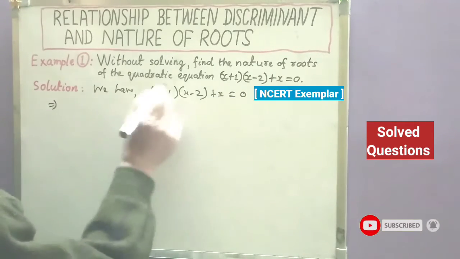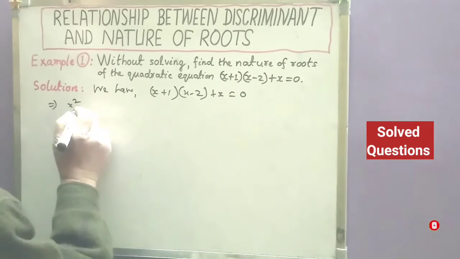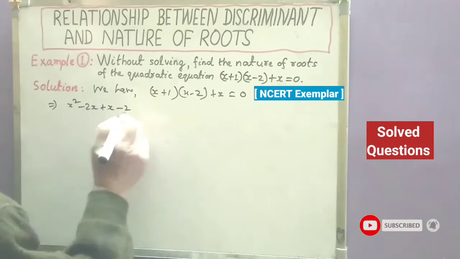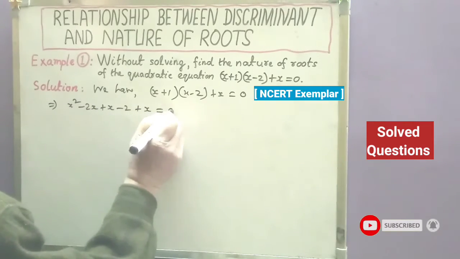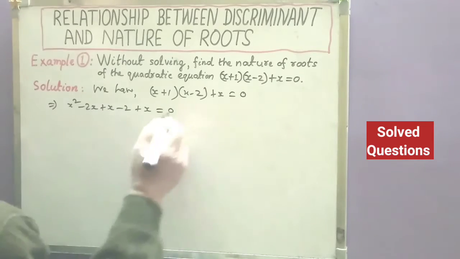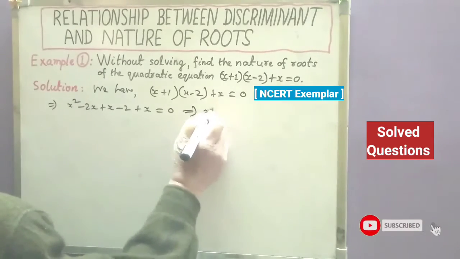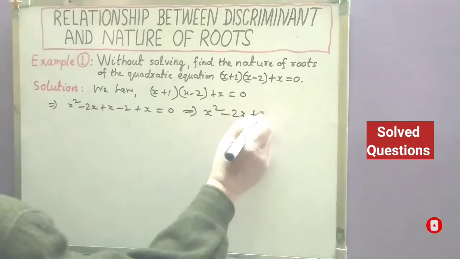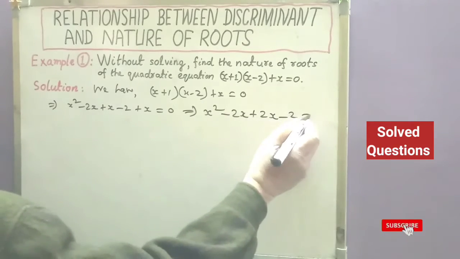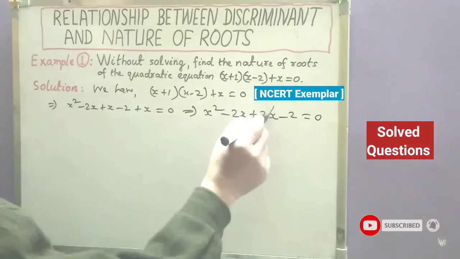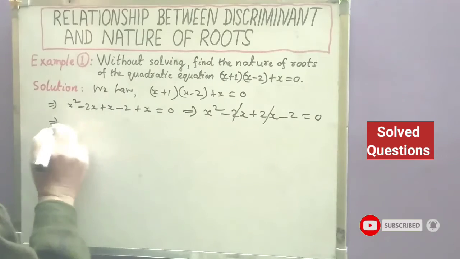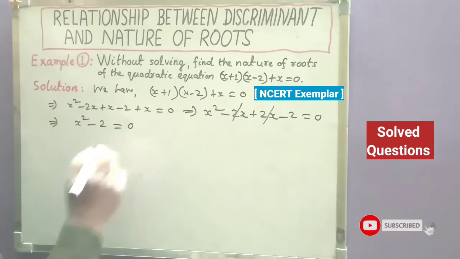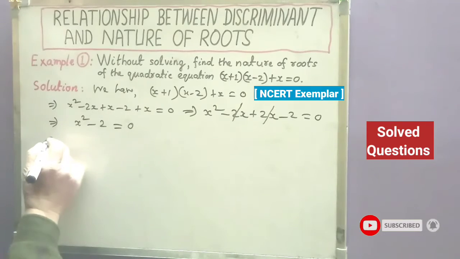Opening the brackets, we get x² − 2x + x − 2 + x = 0. That implies that x² − 2x + 2x − 2 = 0. The −2x and 2x get cancelled. That implies that x² − 2 = 0.